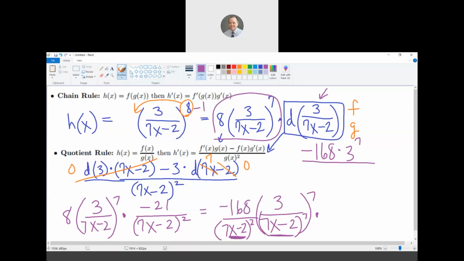Because we have the same base down there as 7x minus 2, you can keep that 7x minus 2 and add the outer exponents. But as far as I'm concerned, you can stop there where I just boxed it in. So that's how you use the chain rule.